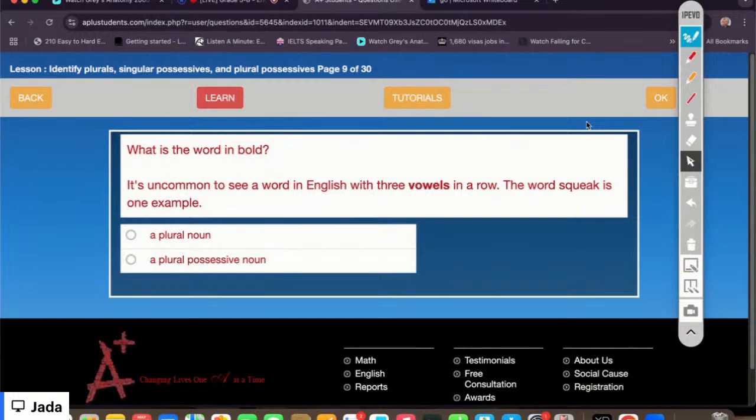It's uncommon to say a word in English with three vowels in a row. The word squeak is one example.